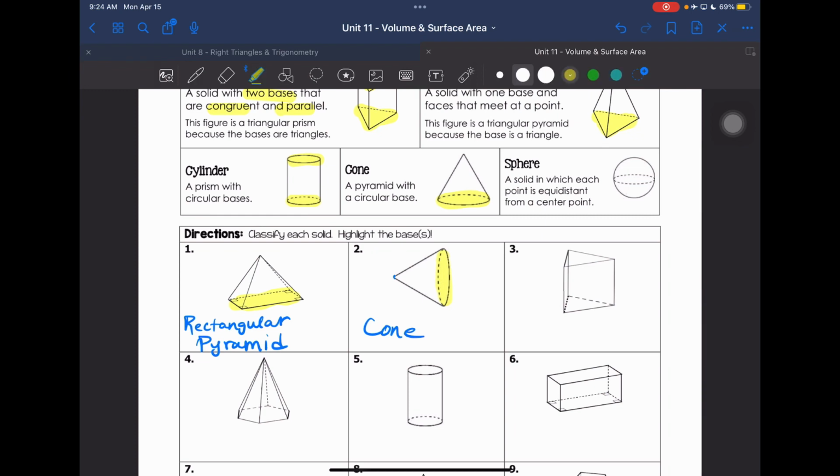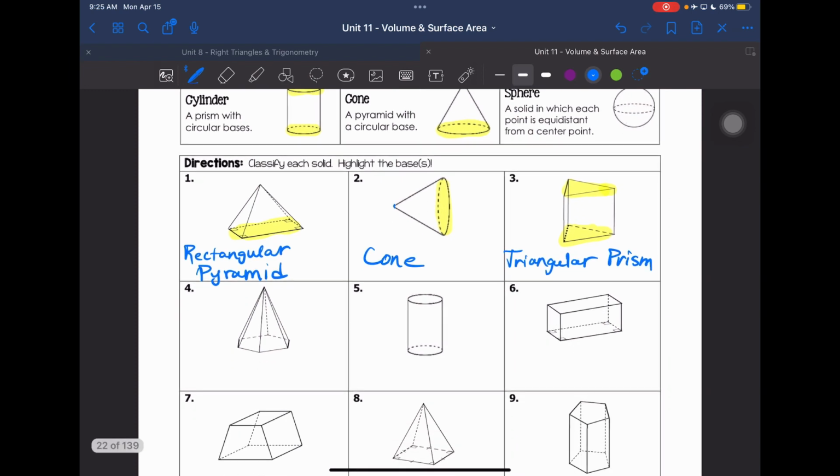Number three, it seems like I have a base right here and a base right here. Those two bases are congruent, and then they're also parallel to each other, which makes it a prism. And because the bases are triangles, that makes this a triangular prism. Okay, number four looks a little bit odd, but I can see that all the sides are meeting up at a point on the top.